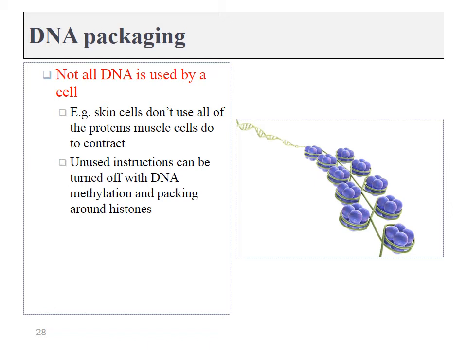For instance, an epithelial cell is never going to turn on a bunch of genes that a muscle cell would transcribe and translate in order to cause muscle contractions. The epithelial cell, therefore, can pack these genes away because they're not needed. This packing is in the form of DNA methylation and then packaging around histone proteins.